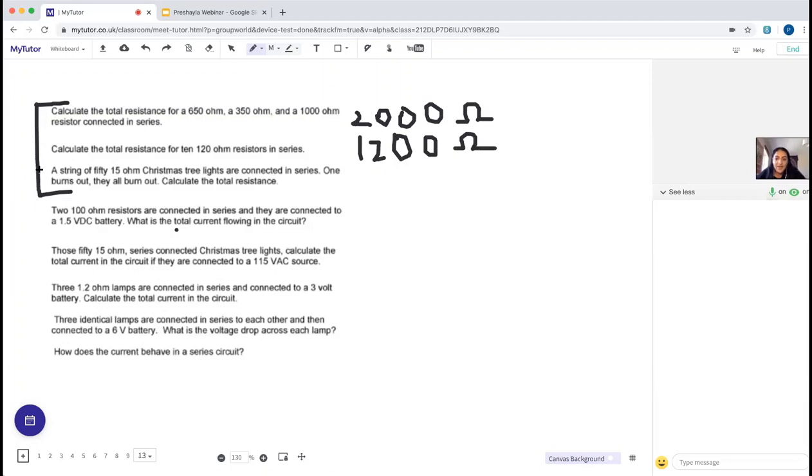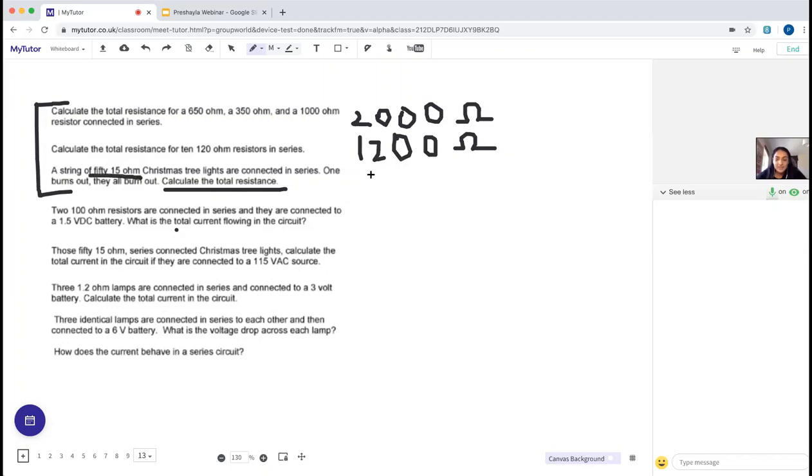Okay, and then we have a string of 50 15 ohm Christmas tree lights that are connected in series. So as I said before, if one burns out, they all burn out. So calculate the total resistance in this series circuit of 50 15 ohm resistors.